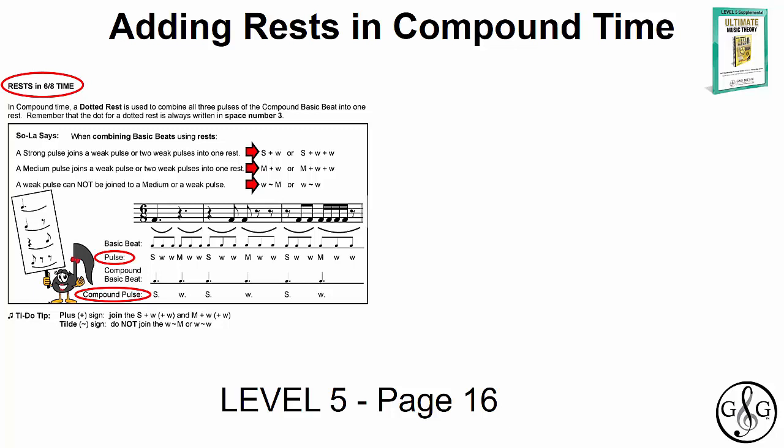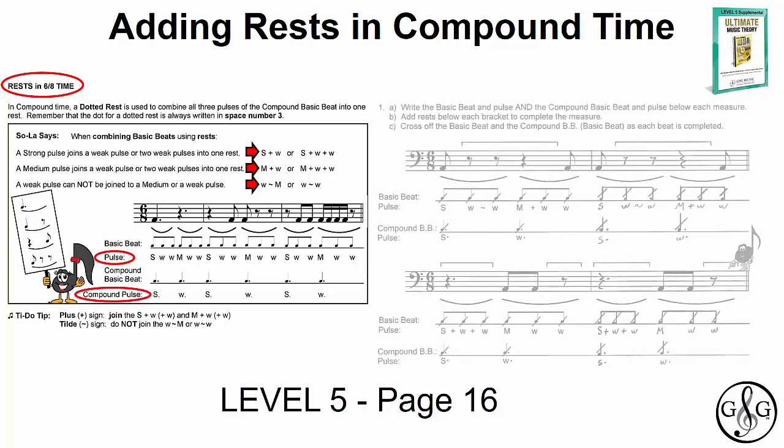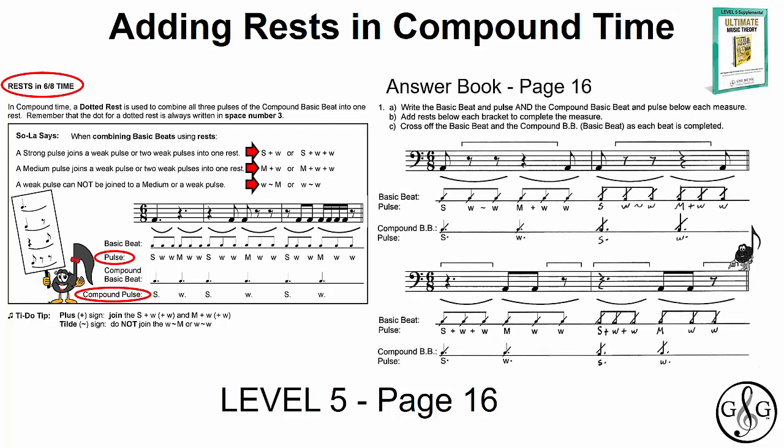Now using the pulse and compound pulse, students can easily identify how to add rest to complete a measure. So here you see the answer book for page 16. What Sheila and I love, and so do thousands of other teachers about our answer books, is that they're actually handwritten answers that clearly show how the UMT plus and tilde sign technique helps students easily determine the correct way to add rest to complete a measure.